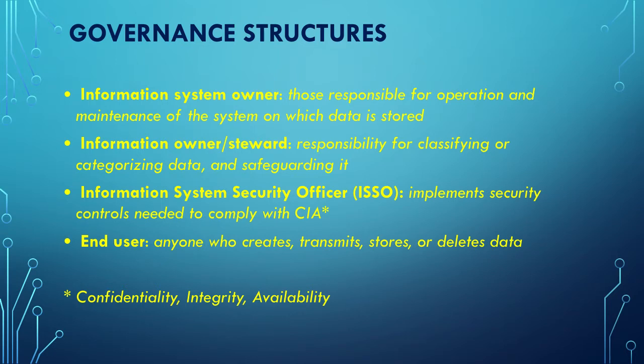And I do remember questions about the responsibility of the owner versus the owner steward versus the security officer. So make sure that you review these details in your textbook. And remember that everything has to do with CIA, and I do not mean the governmental agency in charge of spying. We're talking about confidentiality, integrity, and availability.